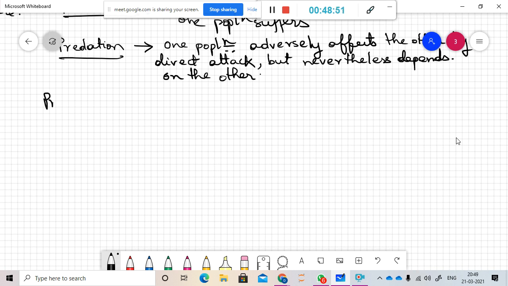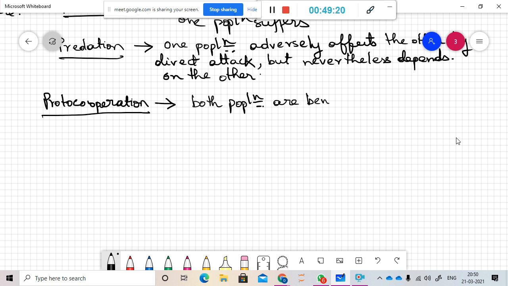Then you have proto-cooperation. Here both populations are benefited, but the relation is not obligatory. Without that association they can still survive.